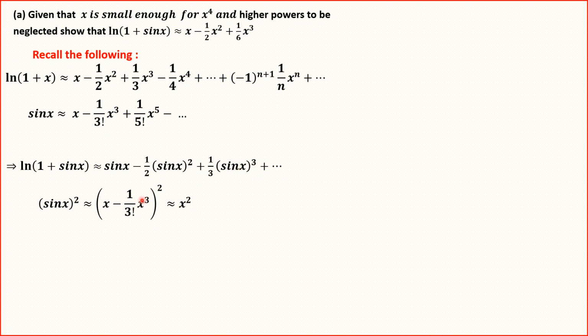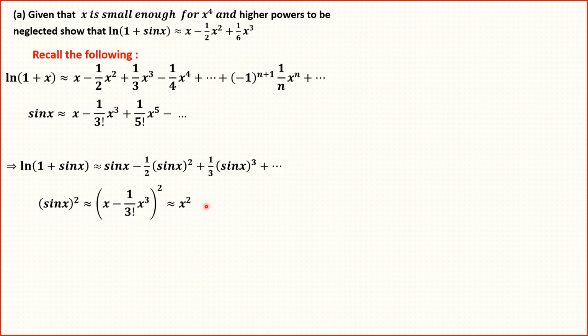So I'll come here and focus on this part. When I square the sine, I'll just take this part. Since I'm neglecting higher powers, I'm going to have x minus 1 on 3 factorial, which is 6, x cubed, all squared. When you square that, we'll be having x squared.